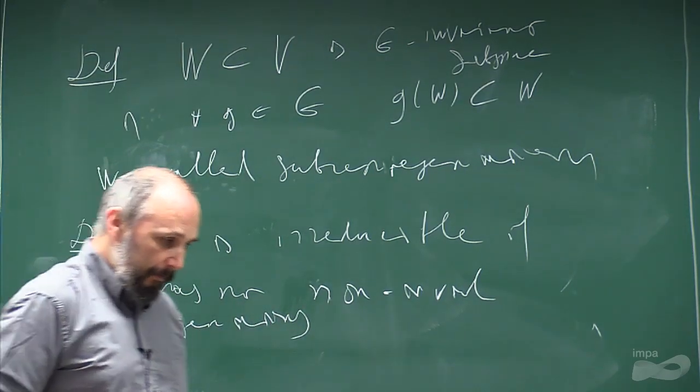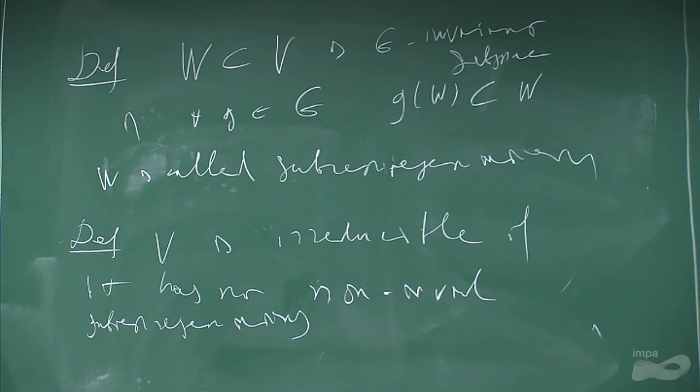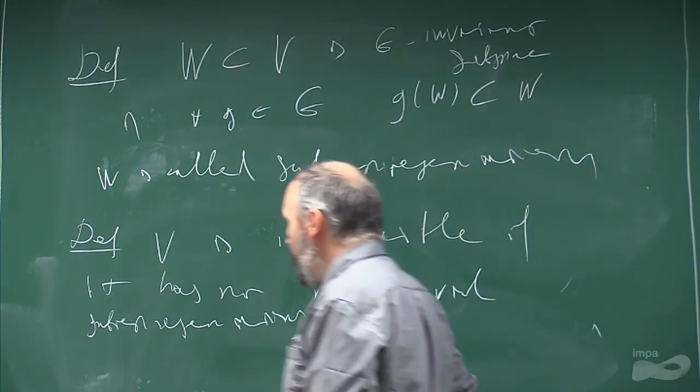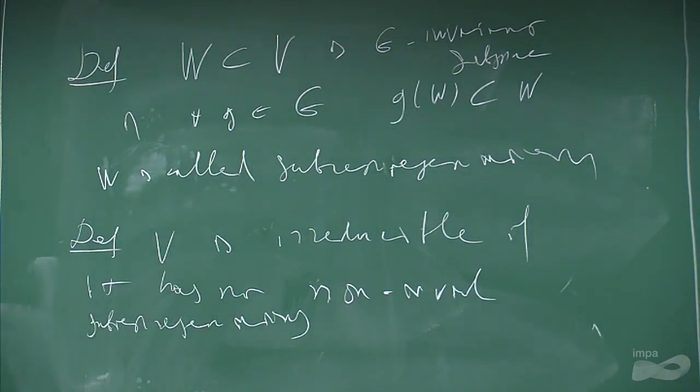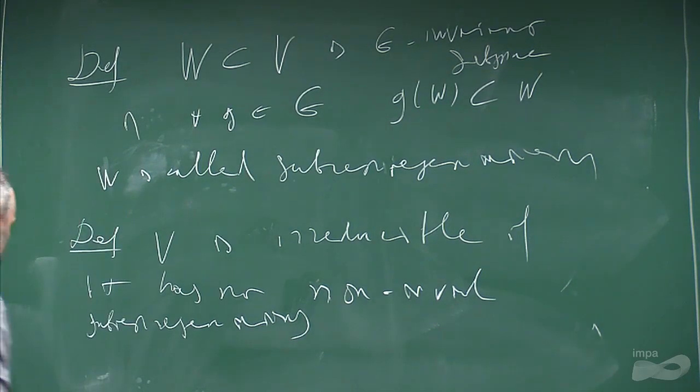Okay, so the main result about the representations of finite groups is that there are finitely many irreducible representations, and in fact, just as many as there are conjugacy classes of the group. But this doesn't matter.